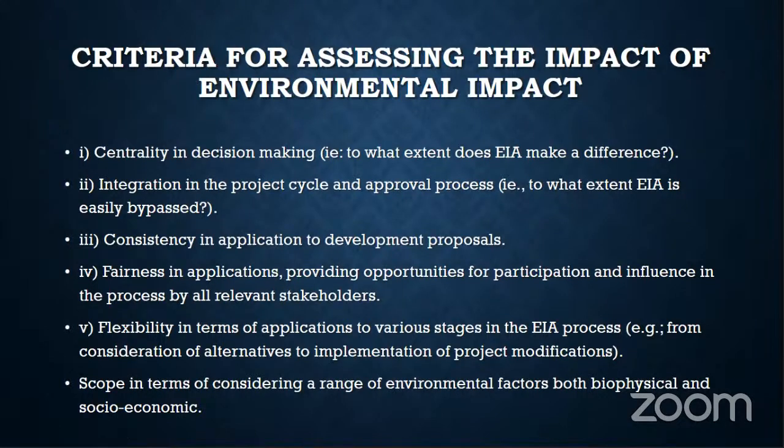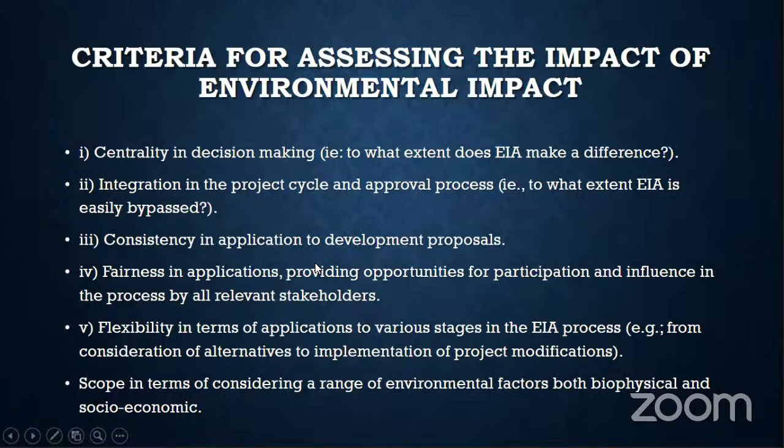The next is the integration in the project cycle and approval process, that is, to what extent EIA is easily bypassed. These are some of the points that will be taken into consideration while making the decision.